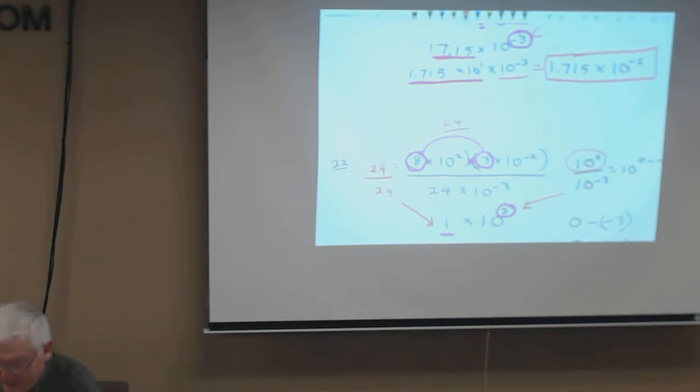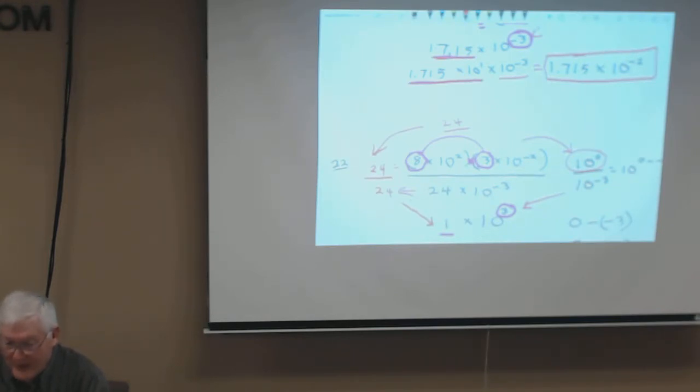So, just to show you how I'm showing my work here on the paper, I put the 24 over here and the 10 to the 0 over here. Then underneath, because now I'm doing division, so what's 24 divided by 24? 24 minus 24 is 0.